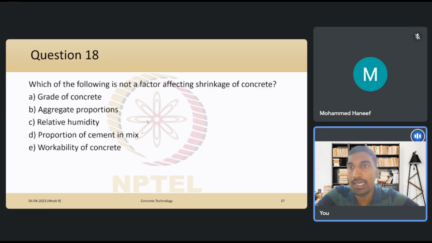Okay, so question 18 is, which of the following is not a factor affecting shrinkage of concrete? So the options are grade of concrete, aggregate proportions, relative humidity, proportion of cement in the mix, and workability of concrete. So which of these is not a factor affecting the shrinkage?